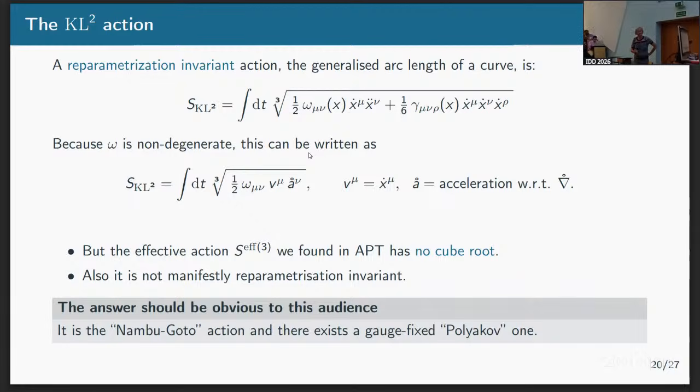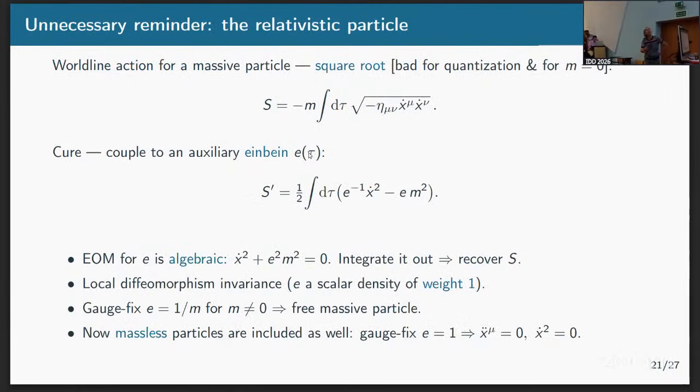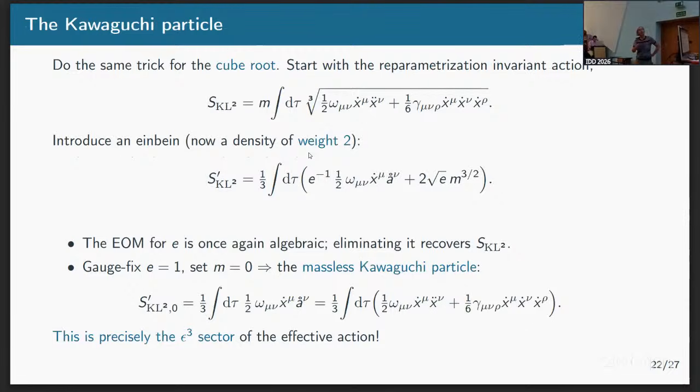And okay, obviously for this audience, I will skip this. We have a cubic root. We know from the previous example that you can always get a classically equivalent action without the cubic root, think Nambu-Goto and Polyakov, so you can do it to the standard form for a relativistic particle, and then of course also for something we call the Kawaguchi particle, you introduce a density of weight 2, Einbein, and you integrate out its algebraic equation of motion.